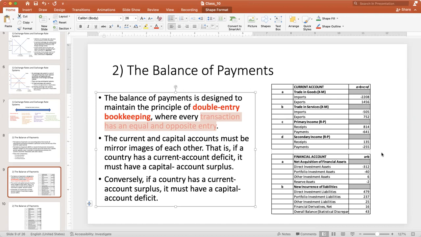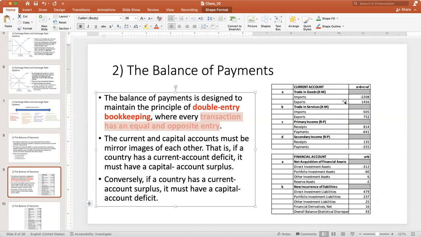Although this is something that we are going to study more and better in a different week of this class, basically the idea is that if you have a surplus in the current account, it's because you are exporting more than you are importing. So you are receiving more money.